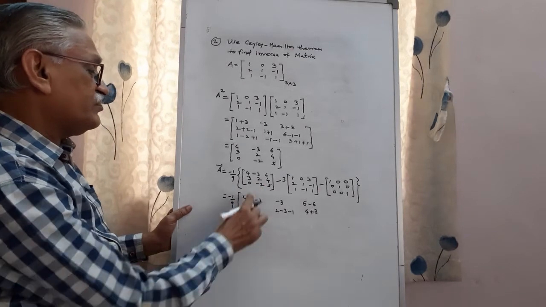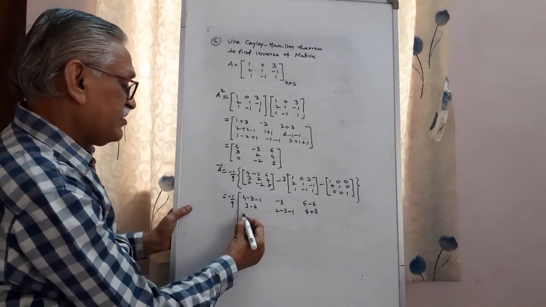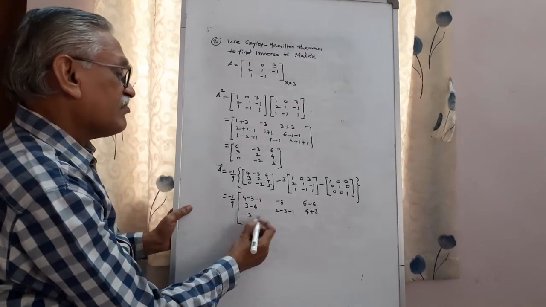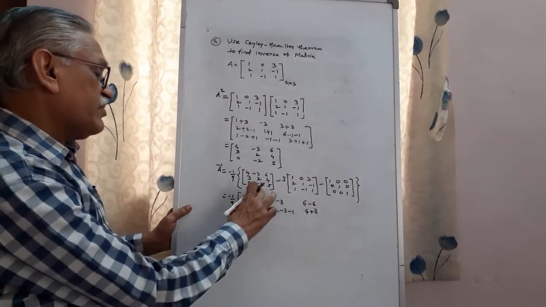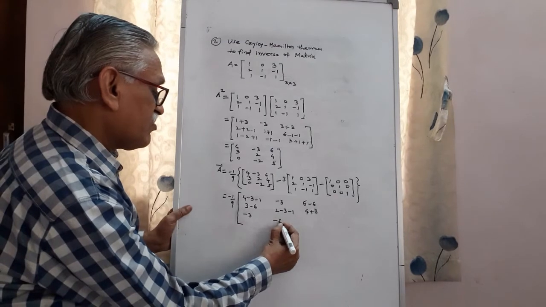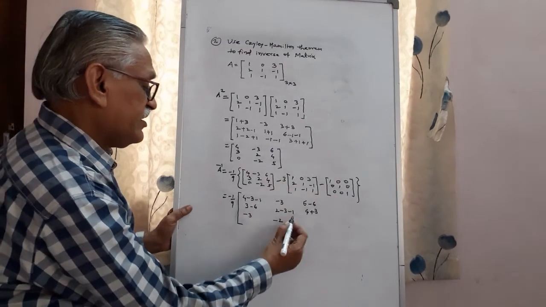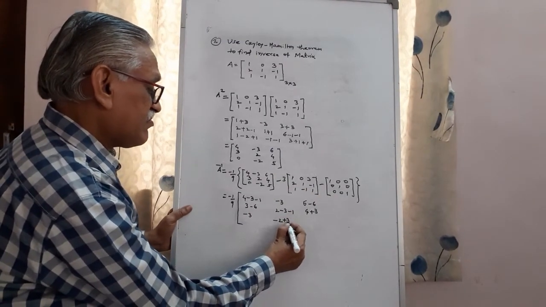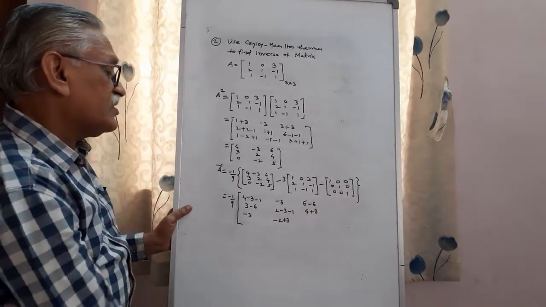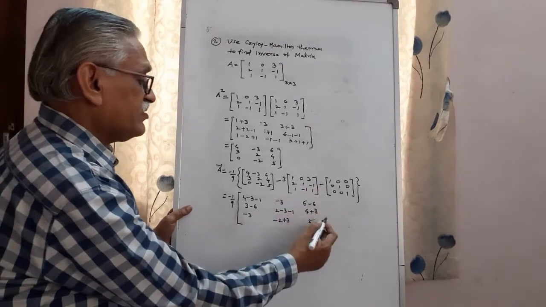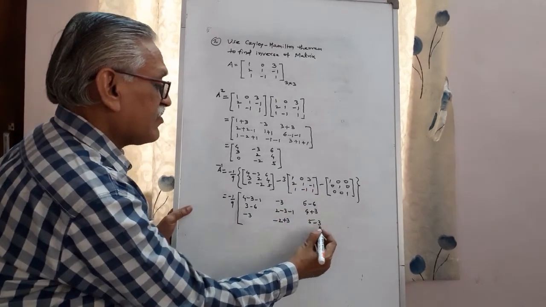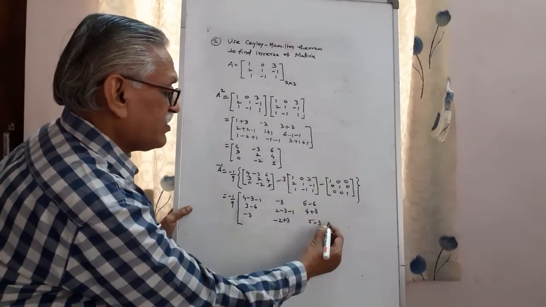Then 0, minus 3 and 0. Okay. Then the second elements, minus 2, plus 3 and 0. And the last, 5, minus 3 and minus 1.